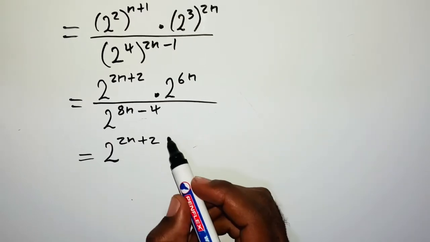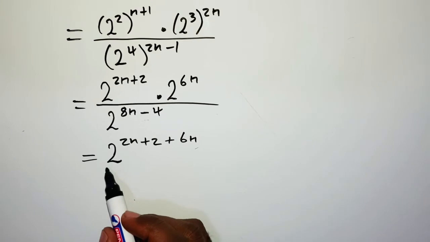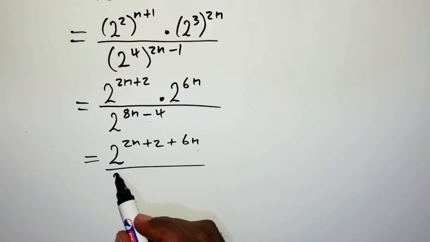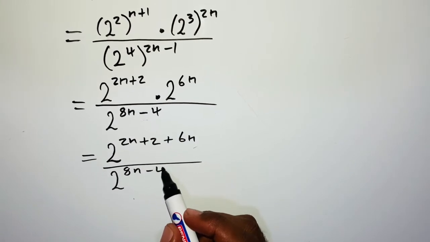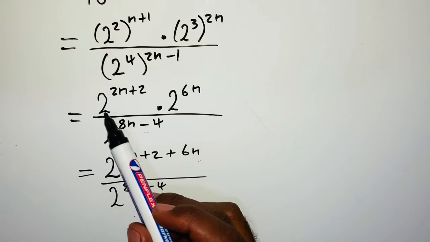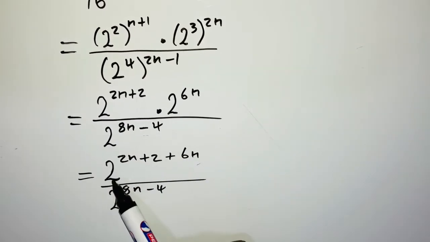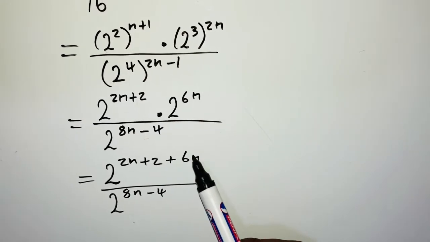So I take one base, then plus 6n, all over 8n minus 4. Let's not jump any steps. So at the top, we applied the law that states that multiplying things of the same base, you take one base, then add the exponents. That's why there's this plus 6.